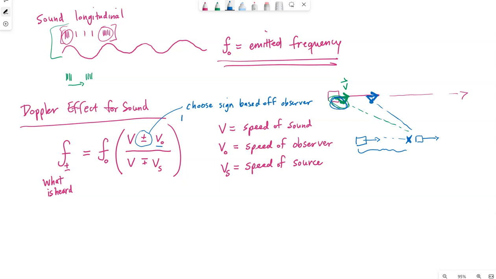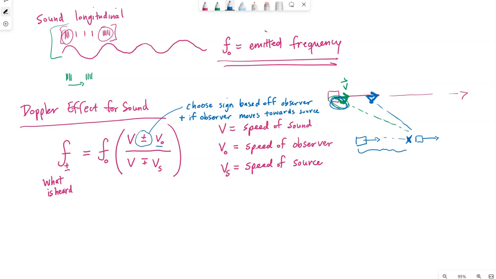The positive sign is used if the observer moves in a direction that takes them towards the location of the source, regardless of whether the source is moving away or towards.